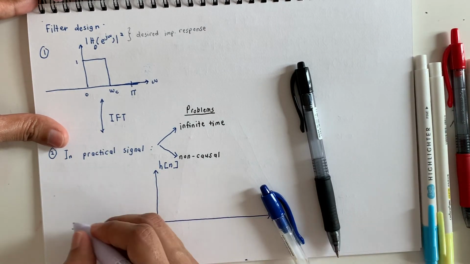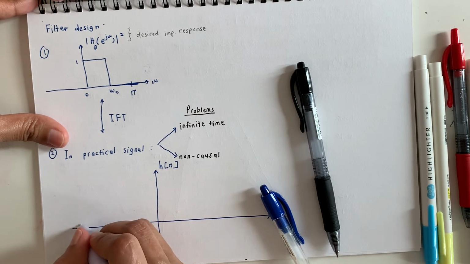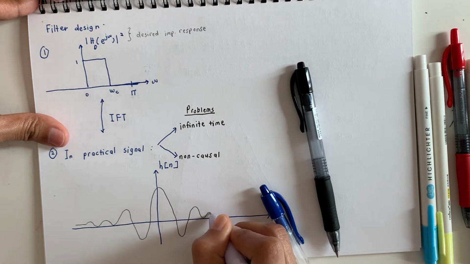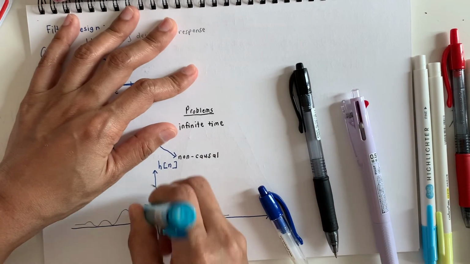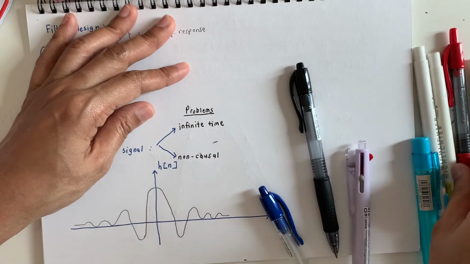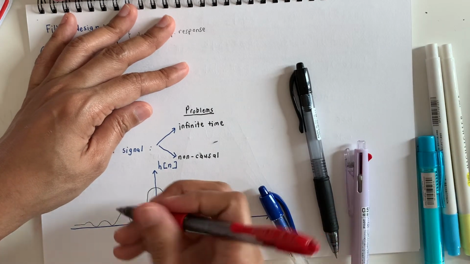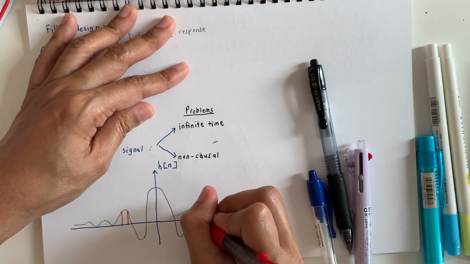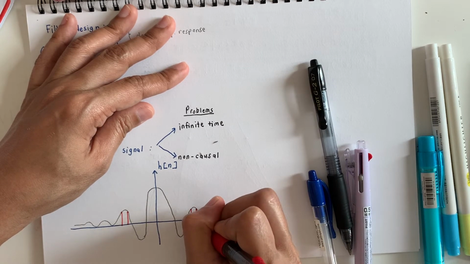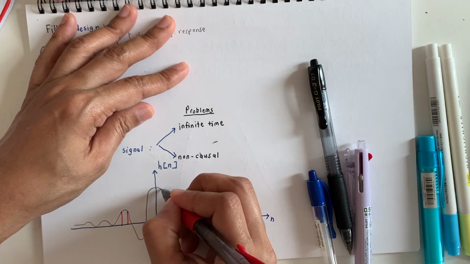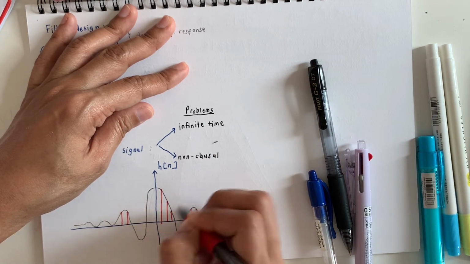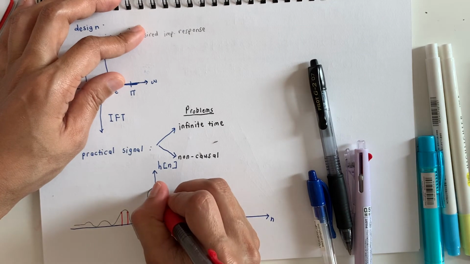Next, we have the repetition of the signal, which shows that it is a periodic signal, because this is a discrete time signal.